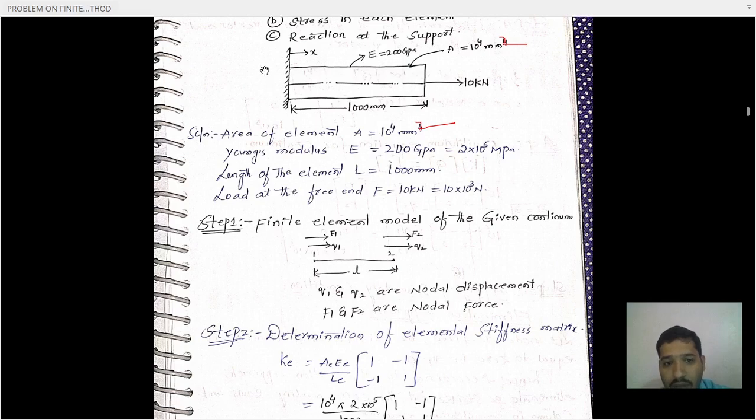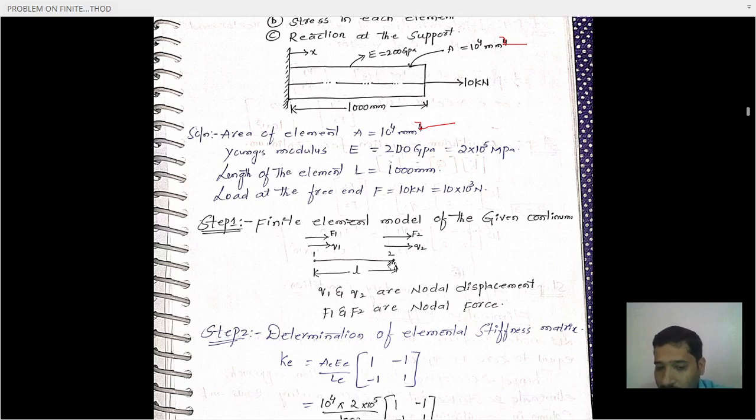Here, since it is fixed, the nodal displacement q1 is acting at point 1, as well as the nodal force. So q1 represents the nodal displacement and f1 represents the nodal force acting at point 1.